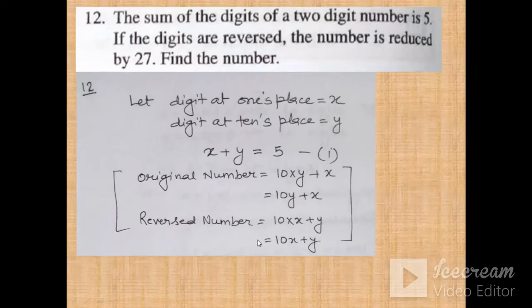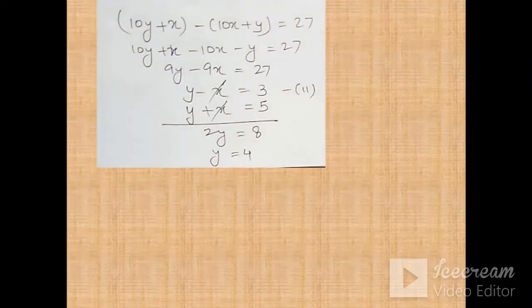Now what happens when the digits are reversed? 10's place becomes x and 1's place becomes y, so this will be our reversed number, 10x plus y. Now what condition is given? If the digits are reversed, the new number reduces by 27, that means the new number is greater than the older number by 27.